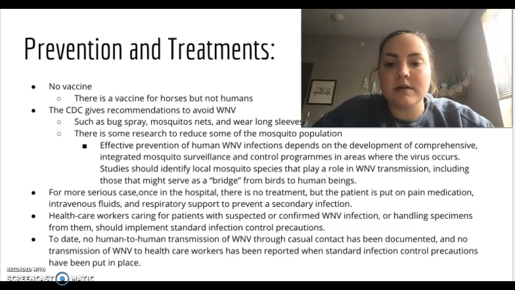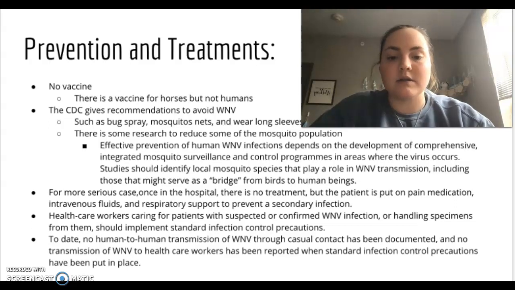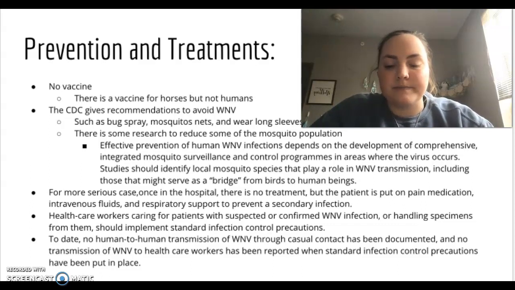Studies should also identify local mosquito species that play a role in West Nile virus, including those that might serve as a bridge from humans to birds. All of this would be done to limit, reduce, and understand the mosquito population in each area, so you know which areas have a higher chance of transmitting or receiving the virus.